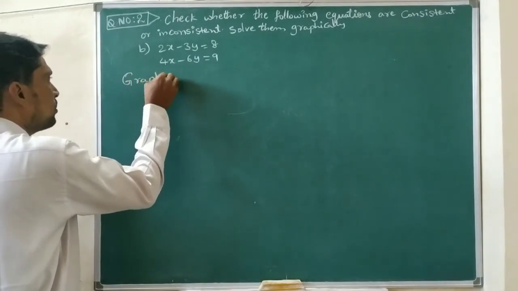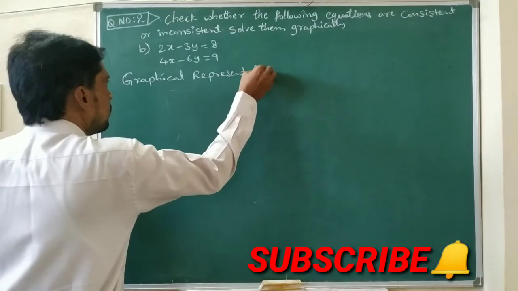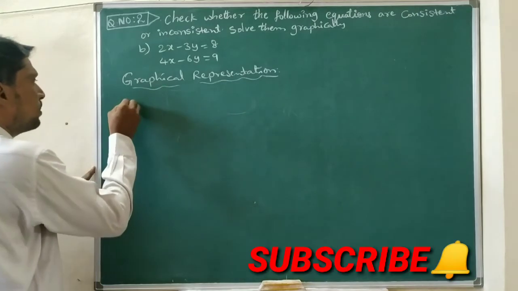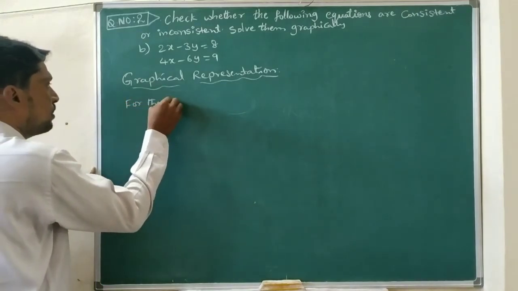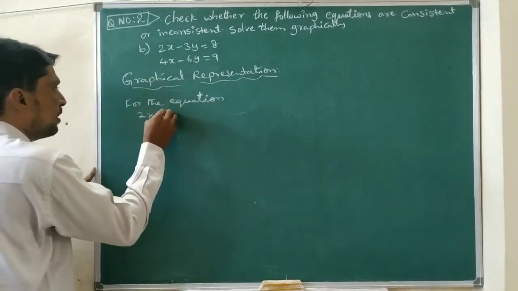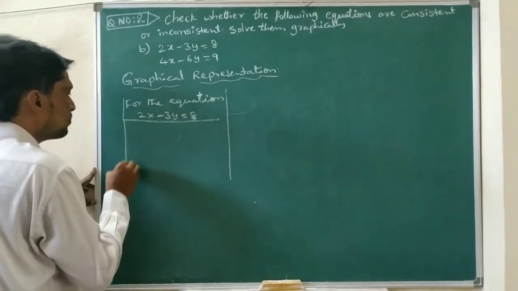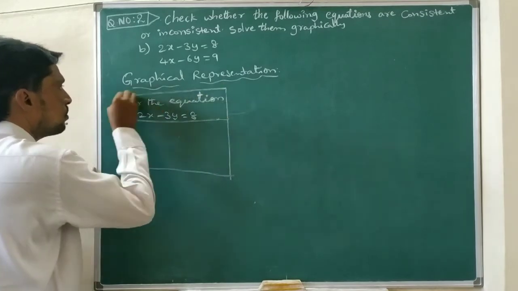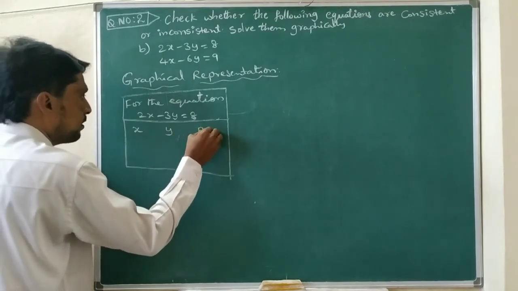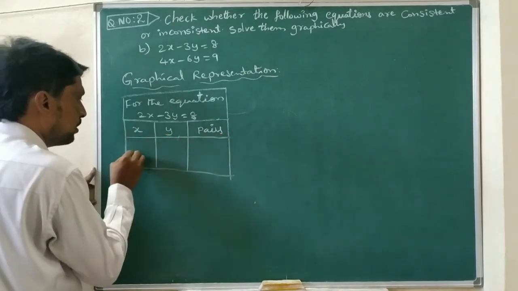First I am taking the equation 2x minus 3y equal to 8, and the x and y value pairs. The x and y values are assumed values only.